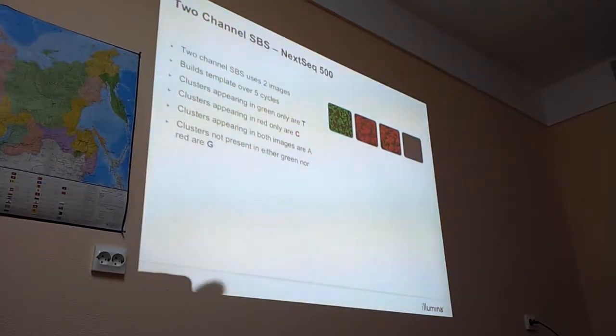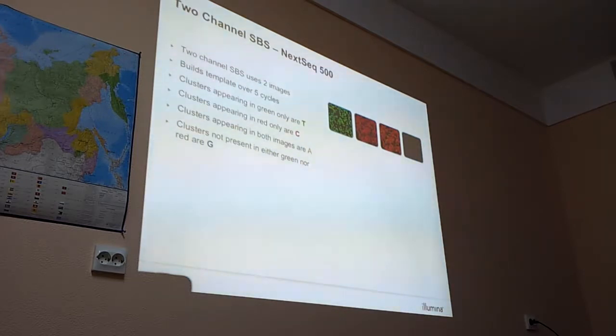For example, if you have a stretch of 5 A's, it can incorporate all 5 A's in one cycle, and then they distinguish the number of A's by intensity. So if you have 5 A's, the intensity should be higher than with 1 A.